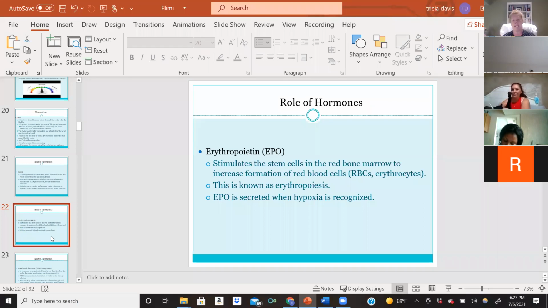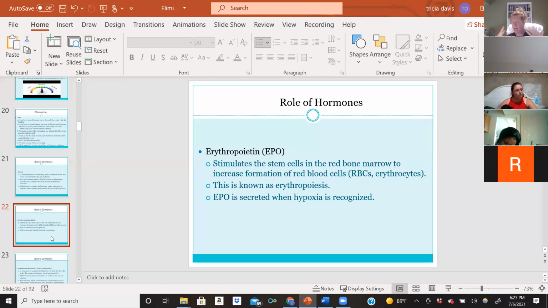We know that the kidney makes erythropoietin, which stimulates the stem cells located in our red bone marrow to increase the formation of red blood cells, which is going to contribute to our hematocrit, hemoglobin, and total red blood cell count. This process is known as erythropoiesis, and erythropoietin is secreted when hypoxia is recognized. This is another one of those feedback mechanisms.